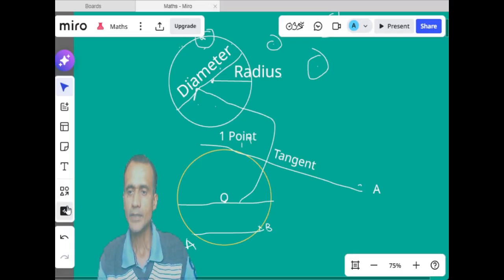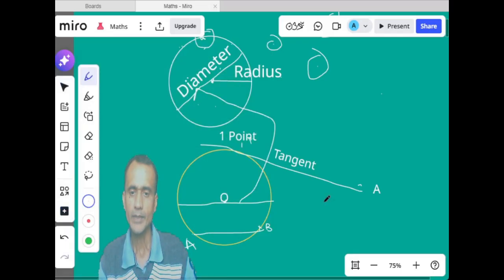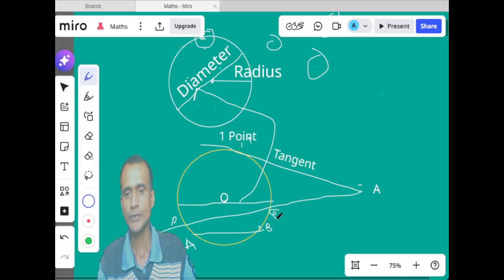On the other hand, if a line touches a circle in two points, suppose I draw a line and it touches the circle at points P and Q, not in one point as it was here, then this line will be known as a secant.